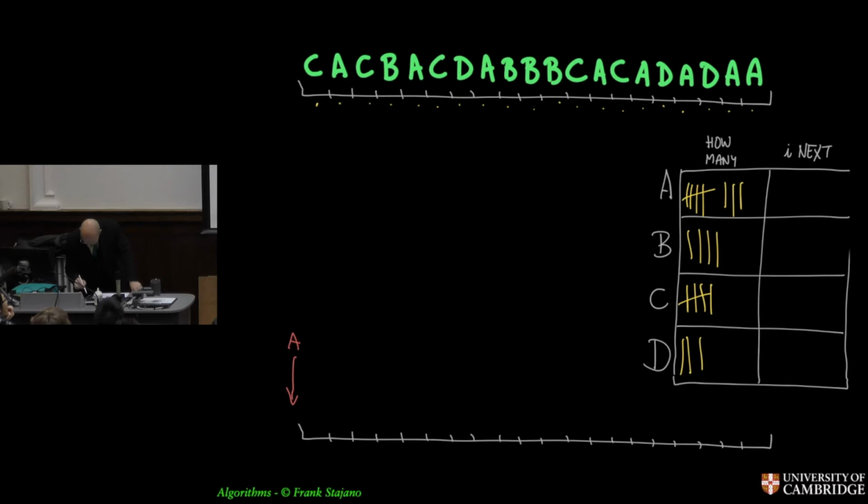I have to make space for the A's, and so B goes in position 8. 1, 2, 3, 4, 5, 6, 7, B. Then I have to make space for these 4 B's, and so after that I can put the C's.